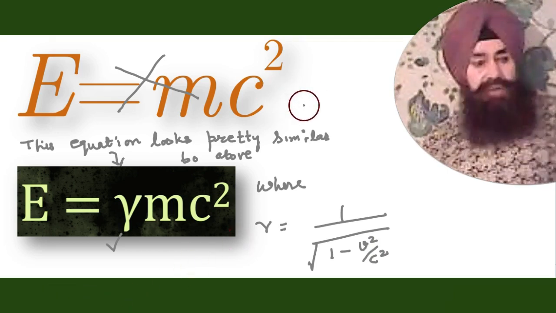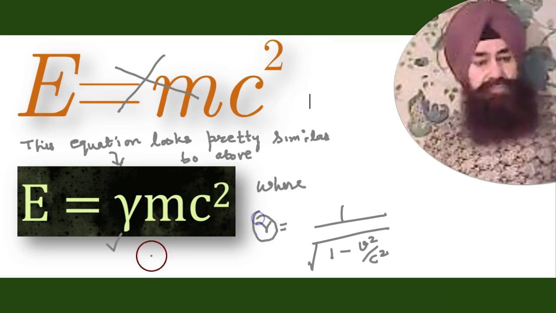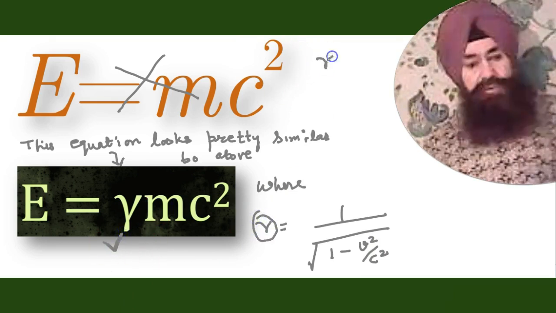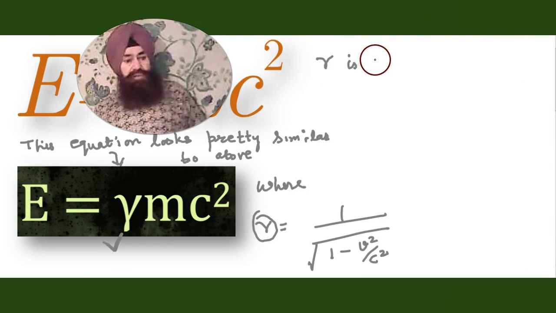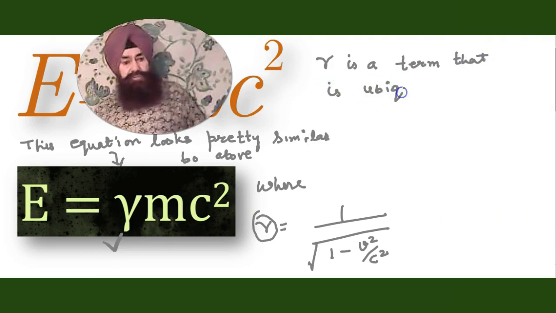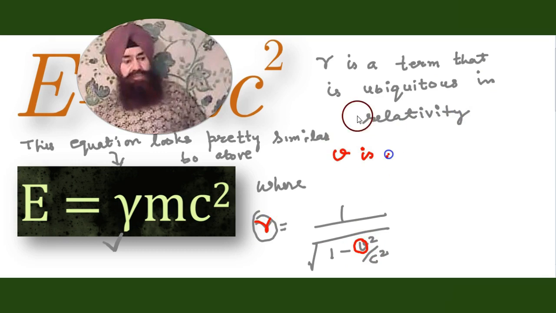Do you remember this value gamma? Gamma is a term that is ubiquitous in relativity. This gamma is well known in relativity.